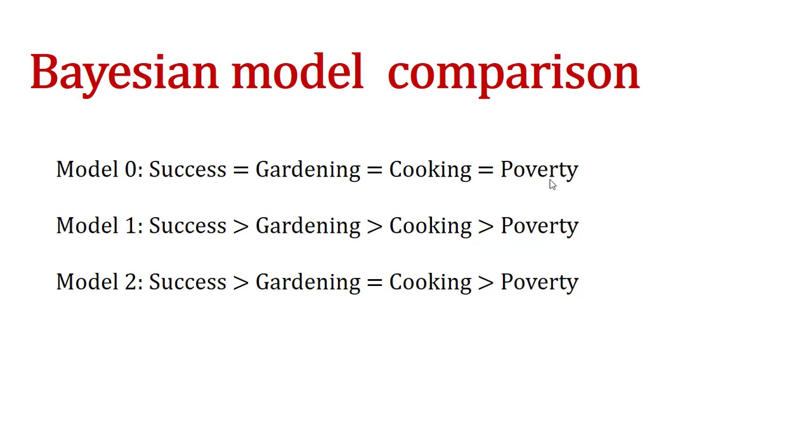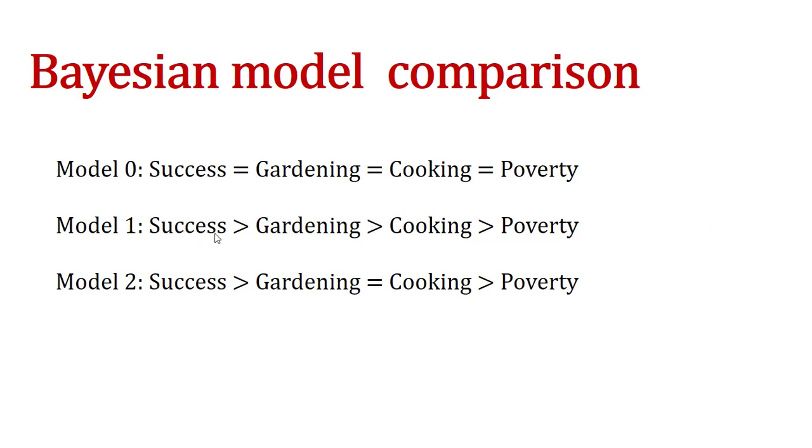So the happiness rating would be the same in each condition. That's the null hypothesis. But what we are going to test in null hypothesis testing is whether this is true or not. And if it is not true, it could be that success is different than gardening, that gardening is different than cooking, cooking different than poverty. It could be that they are all different, but we don't know exactly.